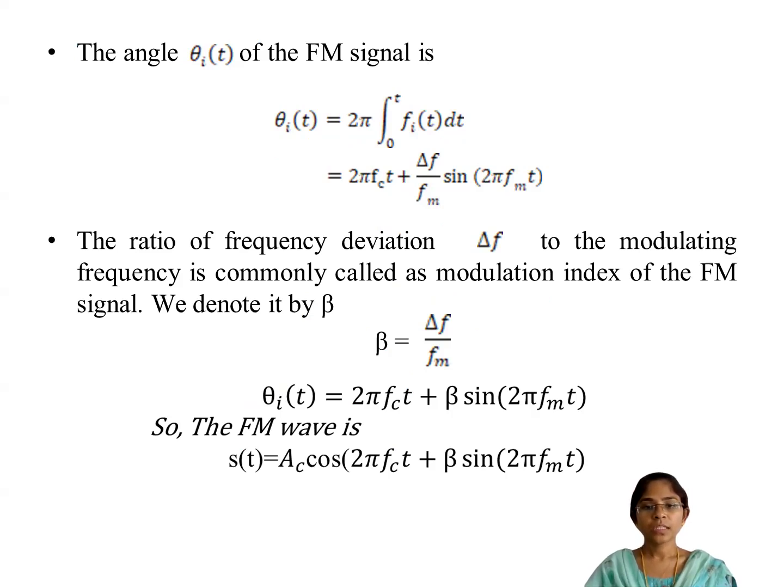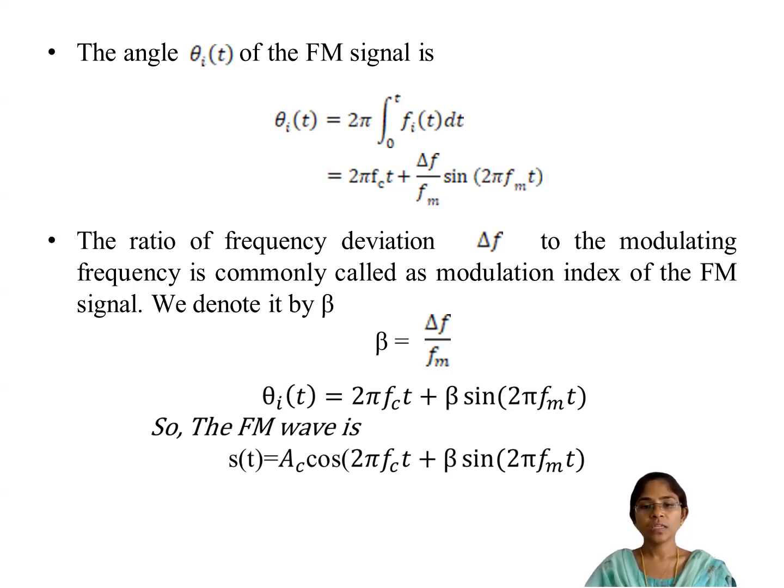Substitute this in theta i of t. So theta i of t is equal to 2 pi fct plus beta into sine 2 pi fmt. Now substitute this theta i of t in S of t. We know the angle modulated carrier S of t is equal to AC into cos theta i of t.